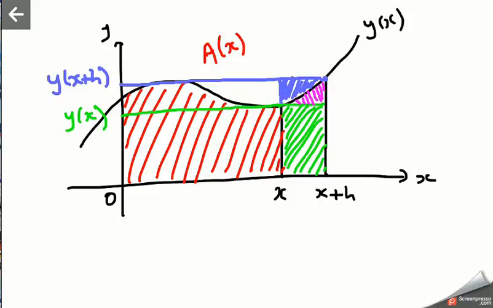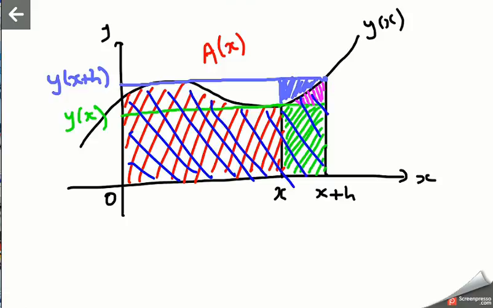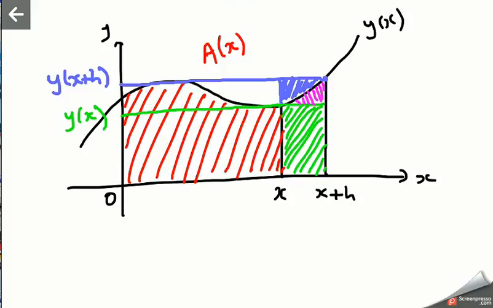So this would be A of x plus h. If I were to shade the whole thing in, A of x plus h would look pretty much like that. Now we're taking away A of x, which was the red part, don't forget. And so all we're going to be left with is this little section right here.